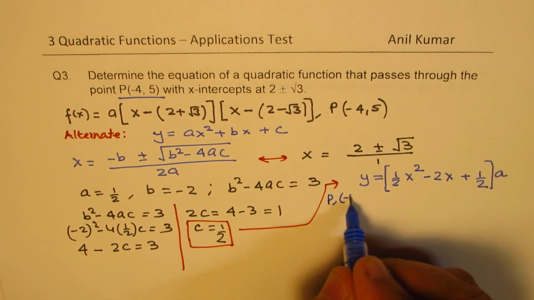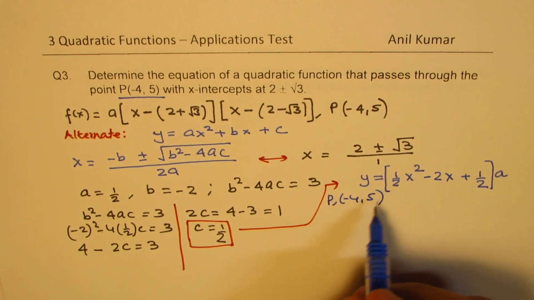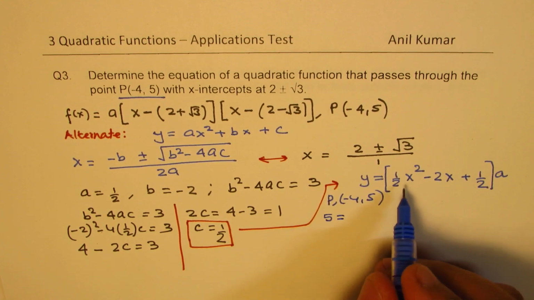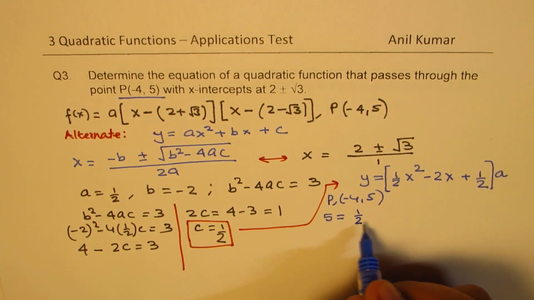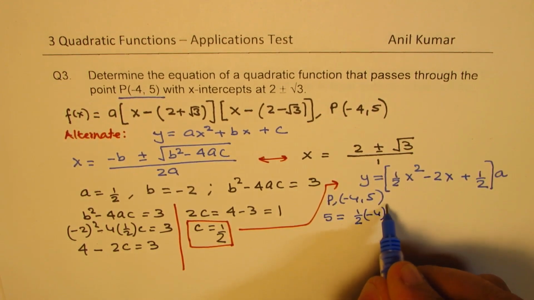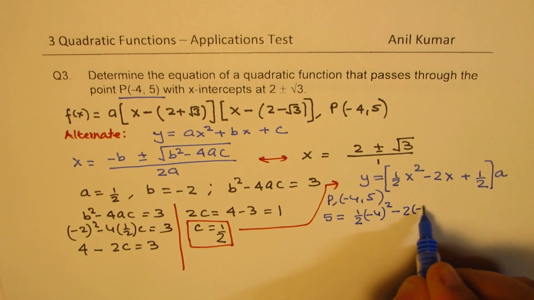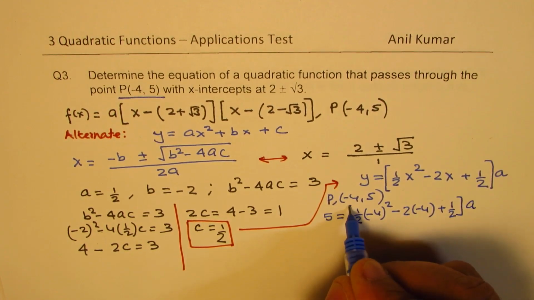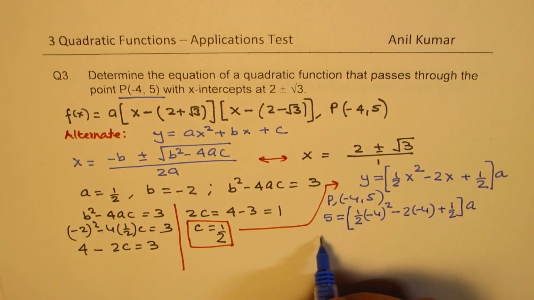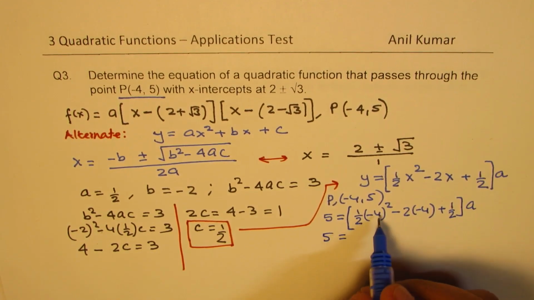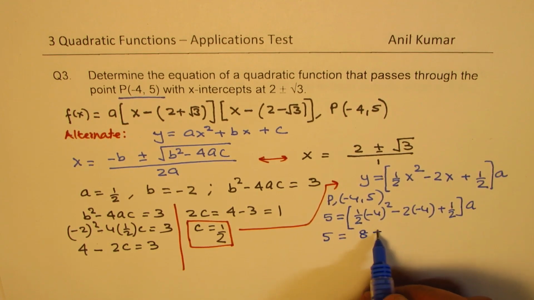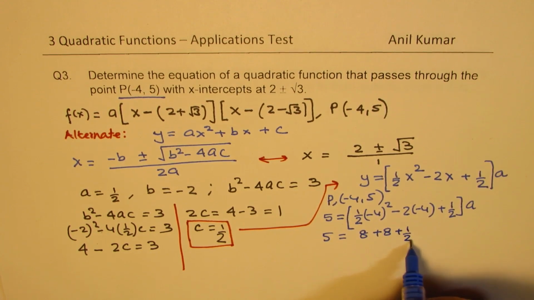So let's substitute the point (-4, 5). If I substitute this point, I get 5 equals half of minus 4 squared, minus 2 times minus 4, plus half, and all this times a, right? So 5 equals, 4 squared is 16, and that gives us 8, and this is plus 8, and this is half, right? So 16 and a half.